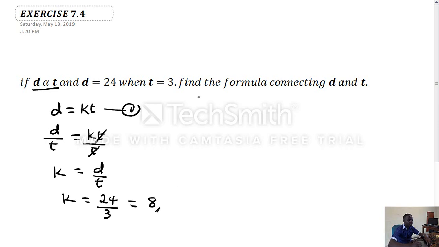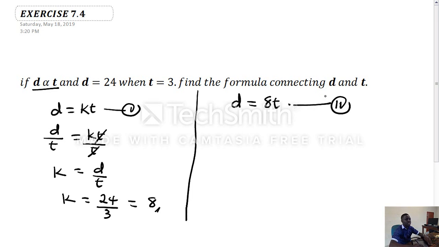I will therefore resubstitute the value of k into that equation, and that becomes d is equal to, k has been gotten to be 8, so we'll have 8t as the formula connecting d and t.